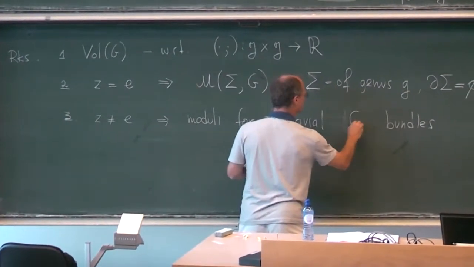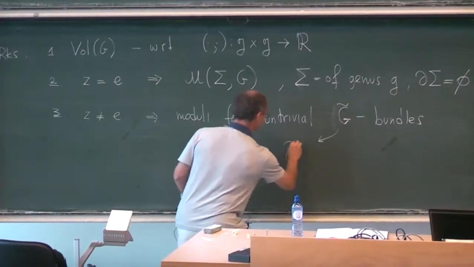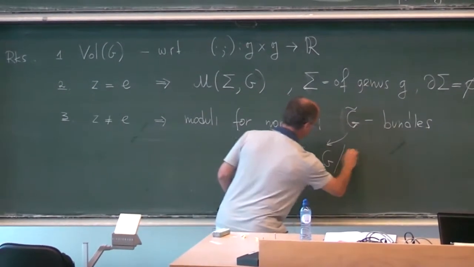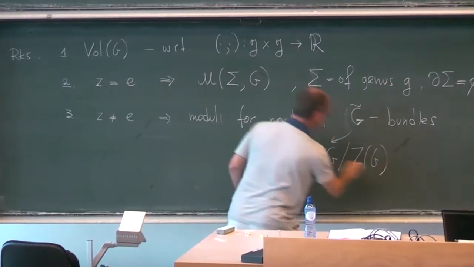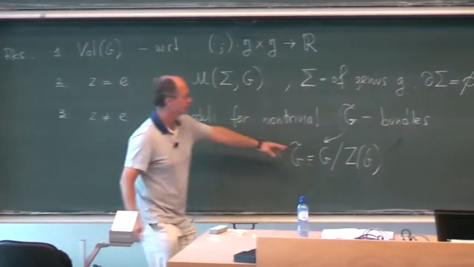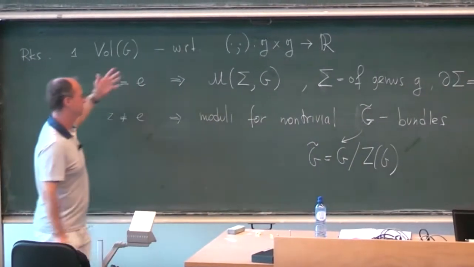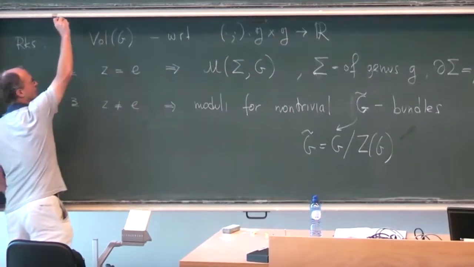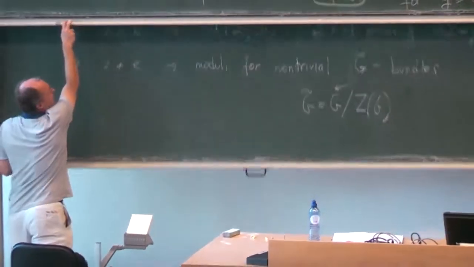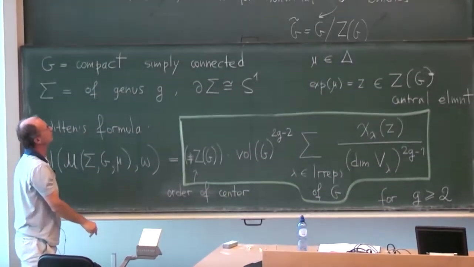For the group G tilde, where G tilde, for instance, is a quotient of G by its center. Or, if the center is big, you can in principle also think of smaller quotients, but then this would depend on the choice of the central element.